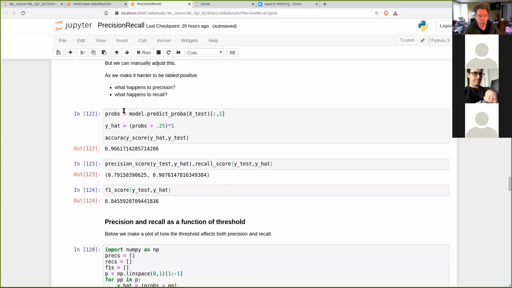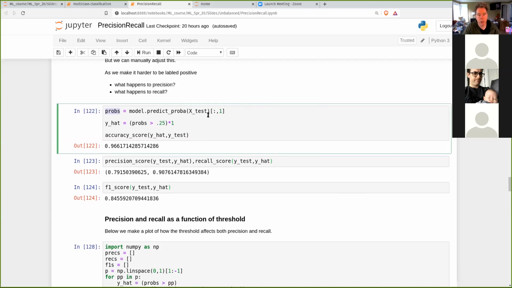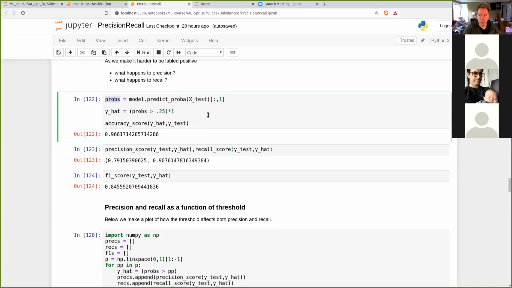So here I get the probabilities from the model, and it comes with 2 columns because it has the probability of 0 and then the probability of 1. But it's redundant because there are only 2 possibilities, so you just need 1 column of those. So I get the column that is the probability of being a 3.